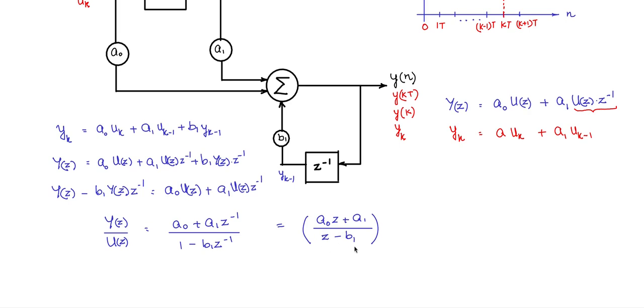So it has a pole at z equal to b1. It has a zero at z equal to minus a1 by a naught. If I take out a naught, you will see that the zero is at z equal to a1 by a naught. So this is the transfer function in pole zero form. This is the transfer function in the unit delay form.